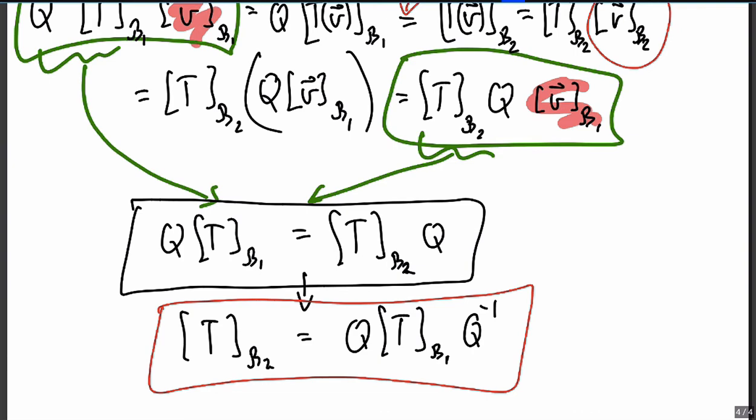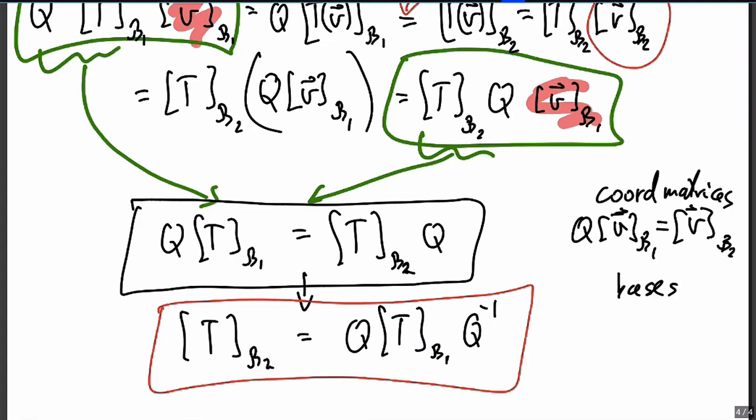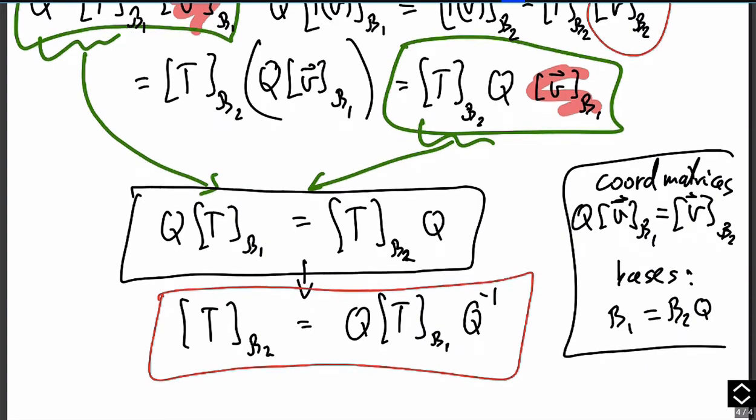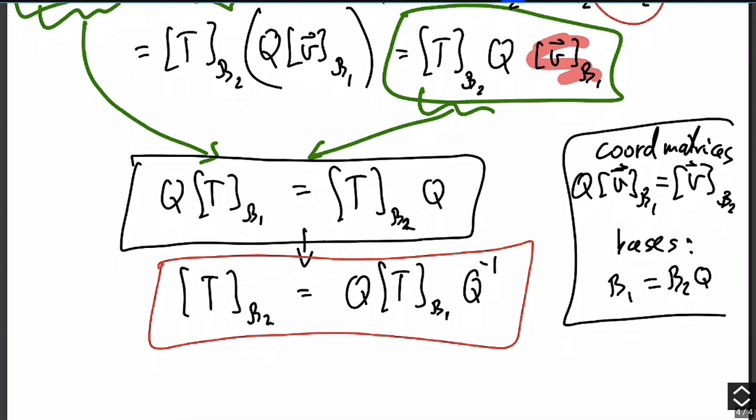So this comes from when we have a matrix where Q times V in B1 equals V in B2, for the coordinate vectors or coordinate matrices, or for bases, the way we wrote this before is that B1 equals B2 Q. Before we had change of coordinates for coordinate matrices and bases, and now we have change of coordinates for transformations.